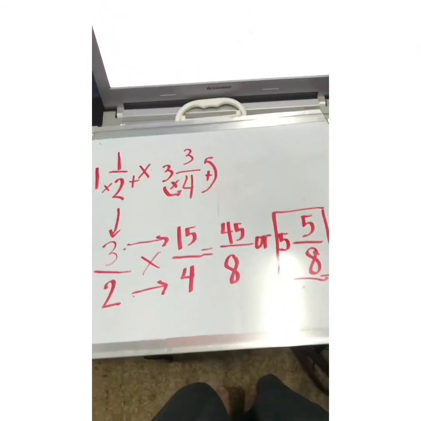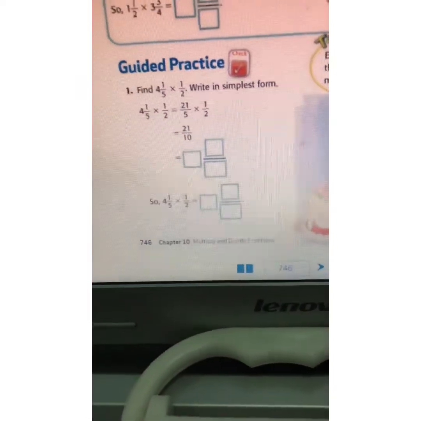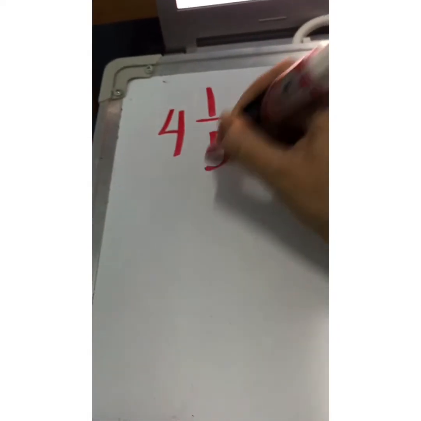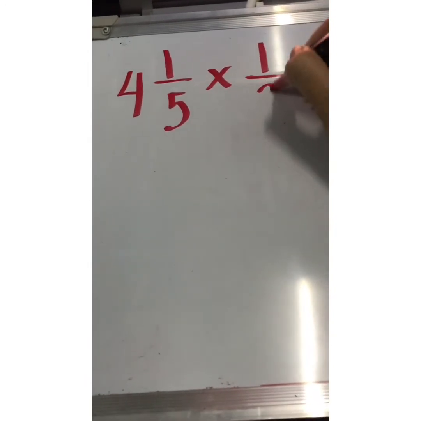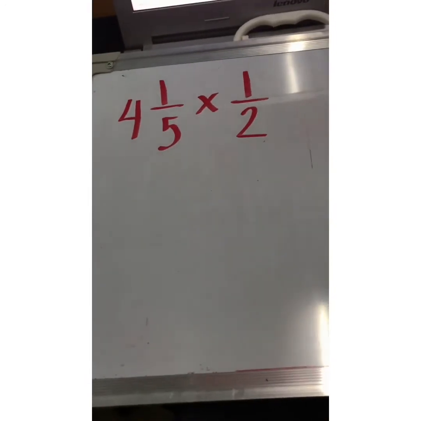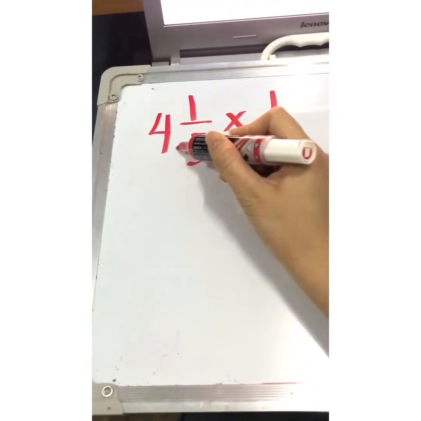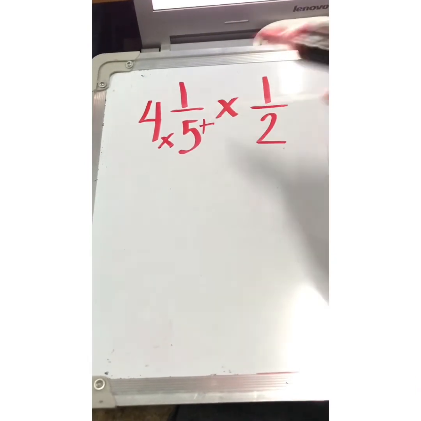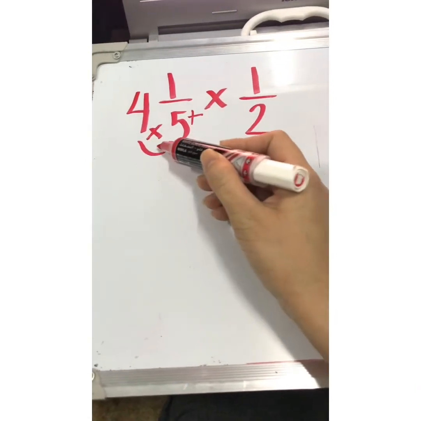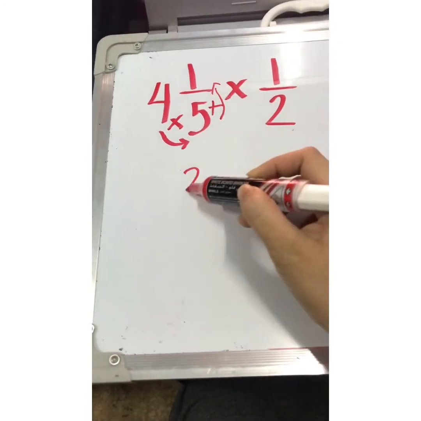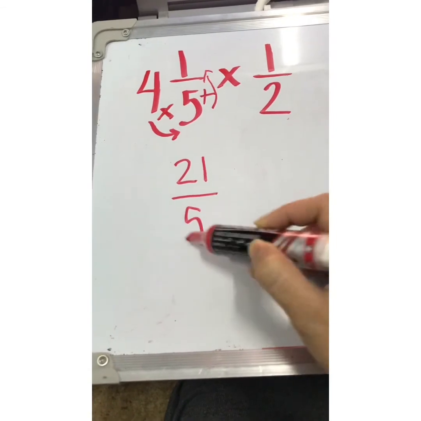Okay, let's have more examples. Let's have guided practice. We got 4 1/5 times 1/2. I told you we will only change the mixed number. So this one, since it's a mixed number, put times and plus. 4 times 5 is 20, plus 1 is 21, over 5.